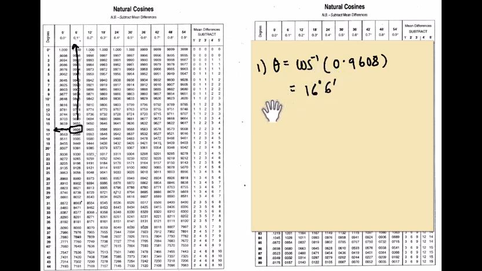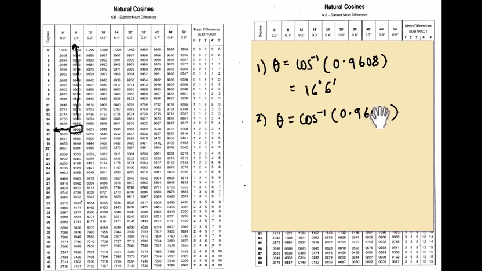This was easy, right? Now let's take a similar example, but cos inverse of, say, 0.9607. Now this is interesting.